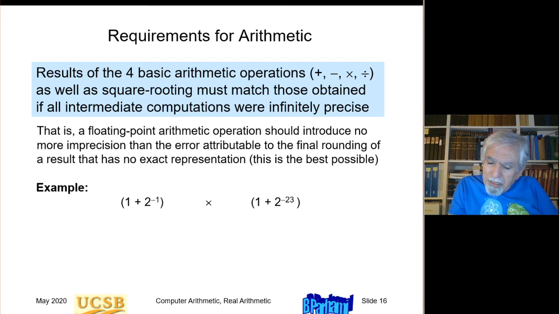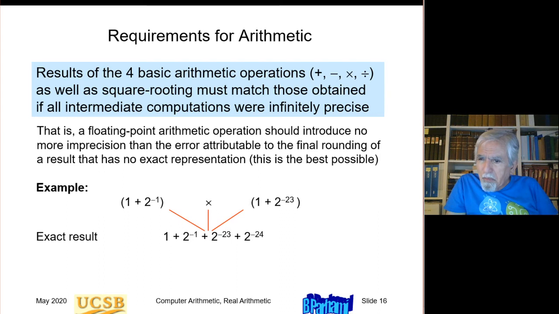When you multiply these two, the exact product is this number. You multiply the terms pairwise, you get 4 terms: 1 plus 2 to the minus 1 plus 2 to the minus 23 plus 2 to the minus 24. That 2 to the minus 24 is not representable with 23 bits of precision. Therefore, you have to get rid of it. So you drop it, in other words truncate it, or you use it to round up.